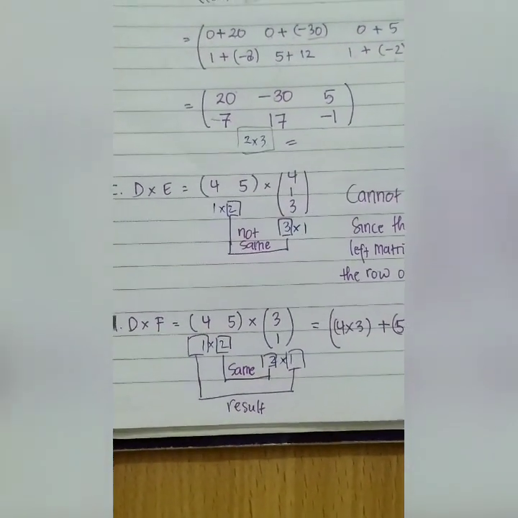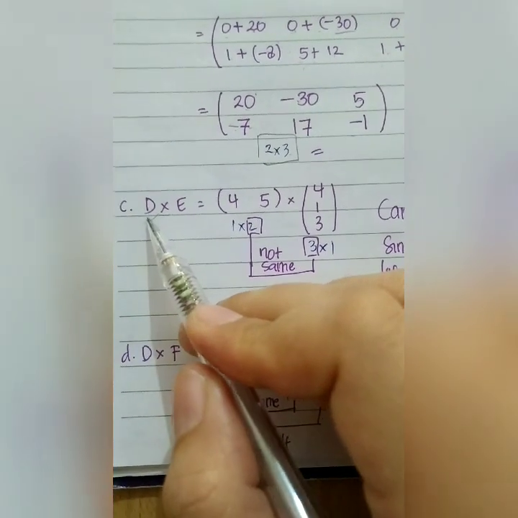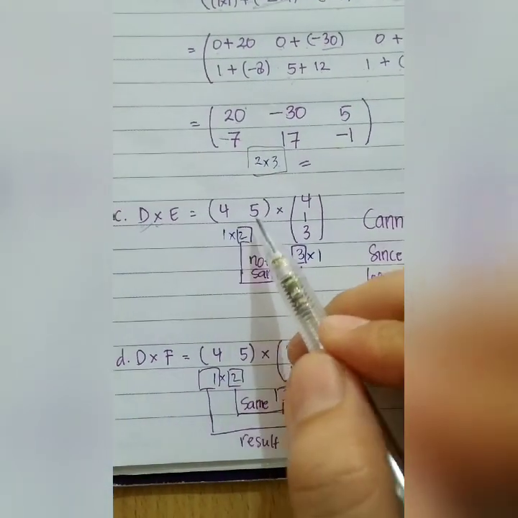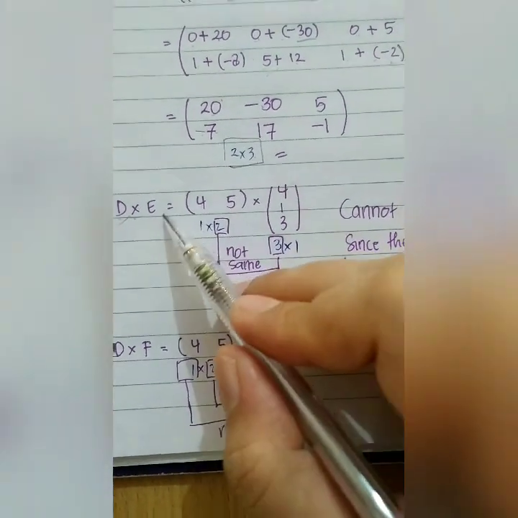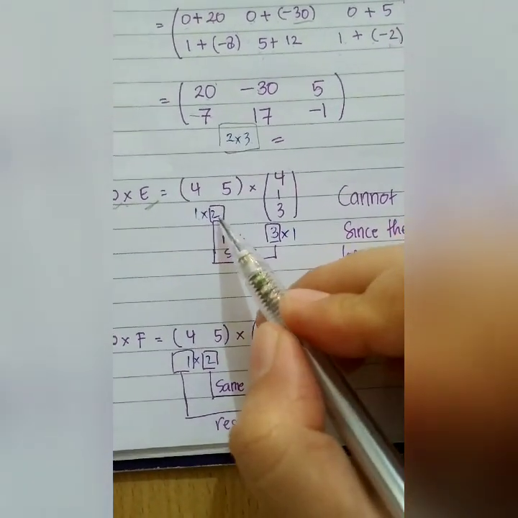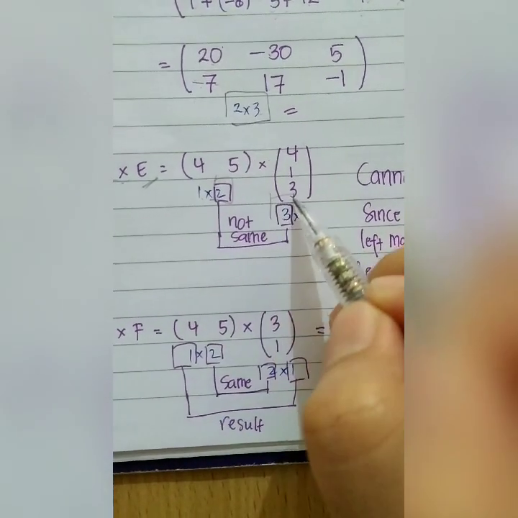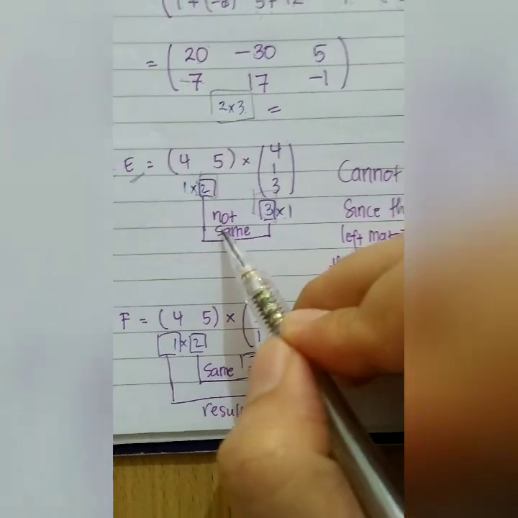Now see this, part C is D times E, where the order of matrix D is 1 by 2, and matrix E, the order is 3 by 1. As you can see here, the number of columns here and the number of rows here are not the same. Here is 2, here is 3.